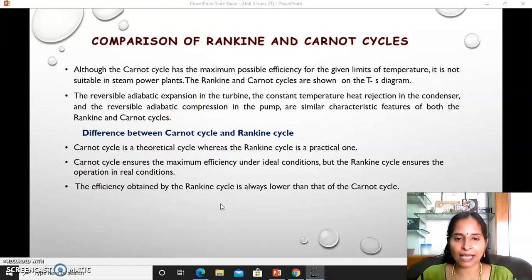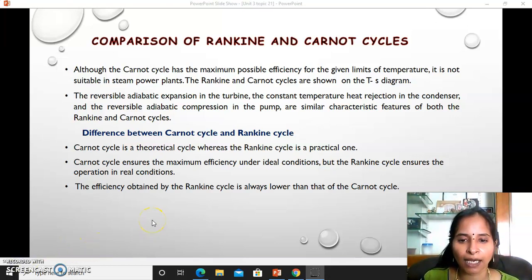The Carnot cycle is a theoretical cycle and the Rankine cycle is a practical one, which is being practiced and executed with so many improving technologies. The Carnot cycle ensures the maximum efficiency under ideal conditions, but the Rankine cycle ensures operation in real conditions. The efficiency obtained by the Rankine cycle is always lower than that of the Carnot cycle.